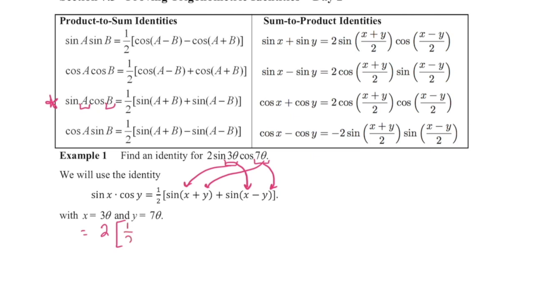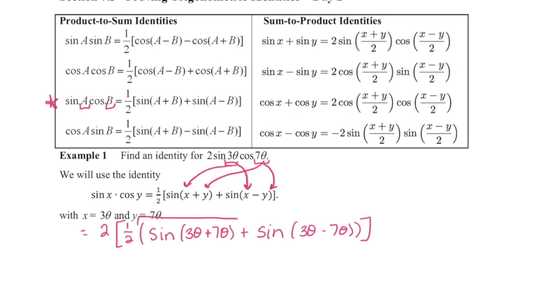Utilizing the identity, we first start off with 2 times, then we'll move into the identity itself, half times sine of 3 theta plus 7 theta plus sine of 3 theta minus 7 theta. Notice I'm taking half times all of this.